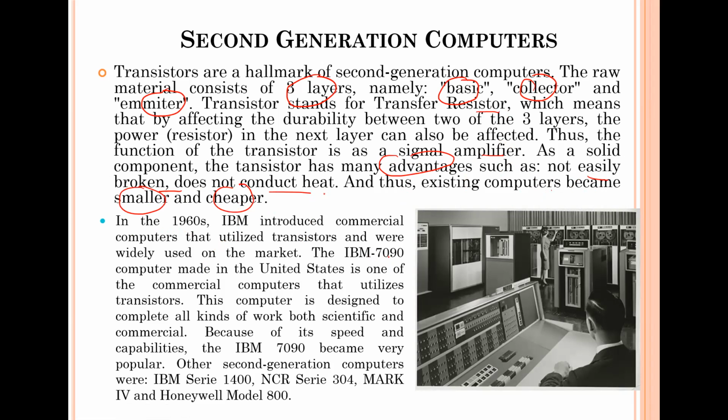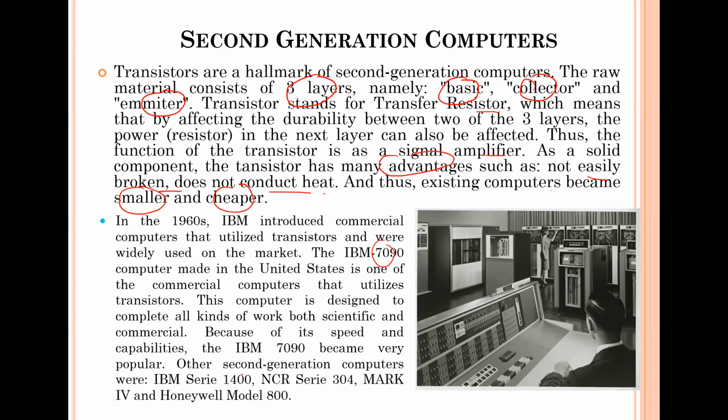Okay, when we talk about the second generation, probably we can relate it with the IBM 7090, right? This is one of the series of the second generation of the computer.